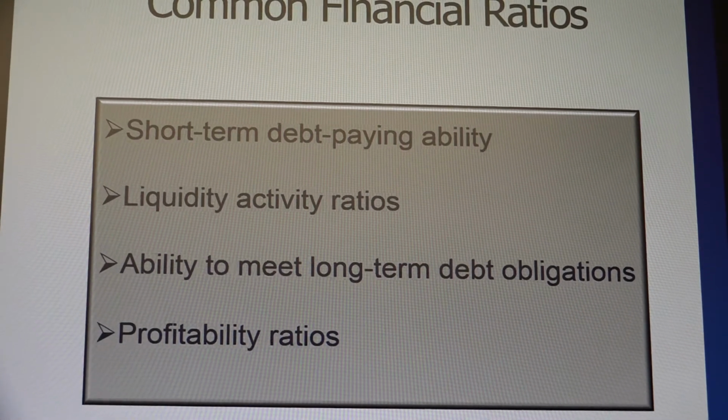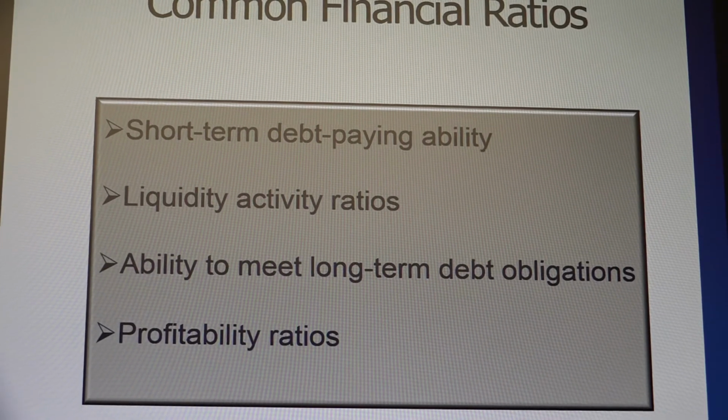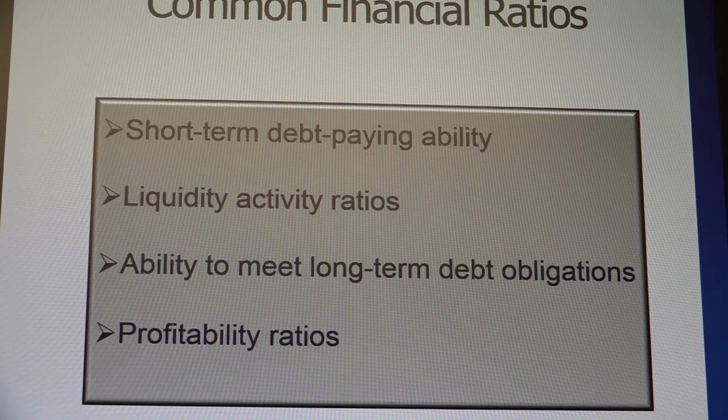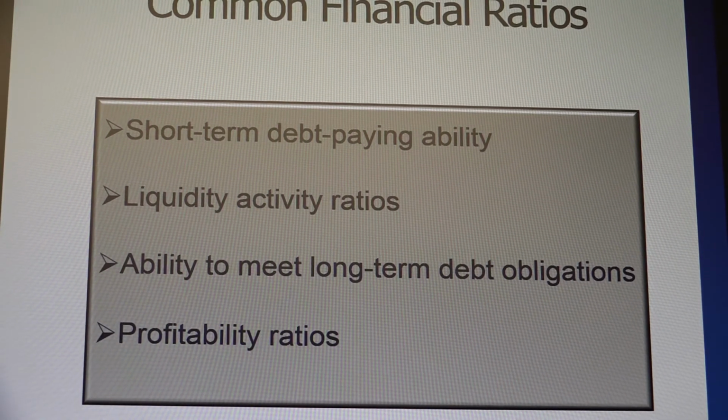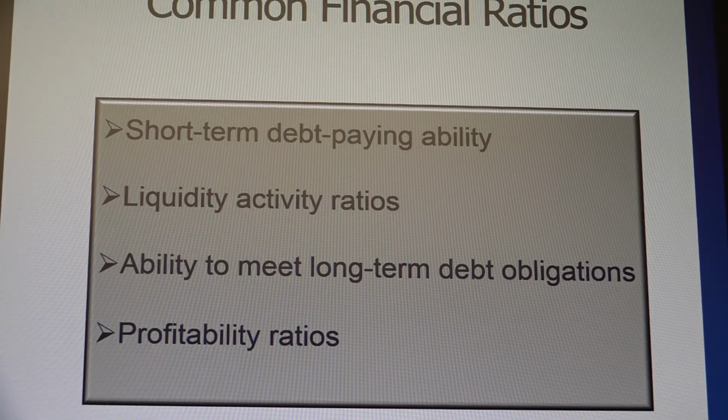You have a certain set of short-term debt paying ability ratios, also called liquidity ratios. You have liquidity activity ratios. They're tied into liquidity, obviously.